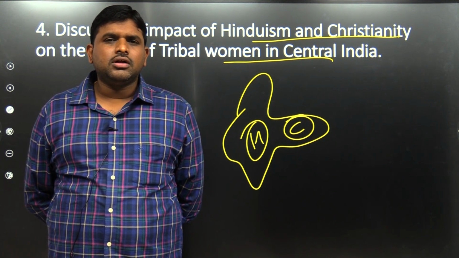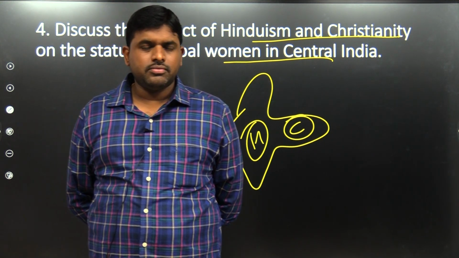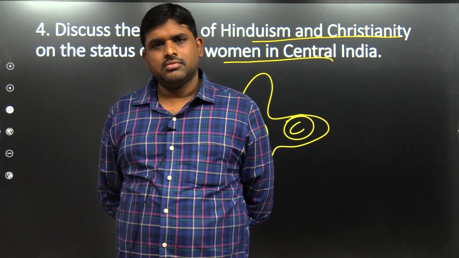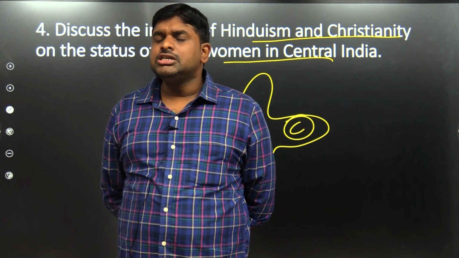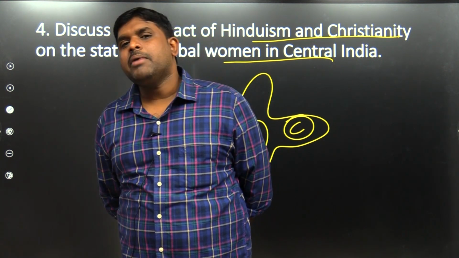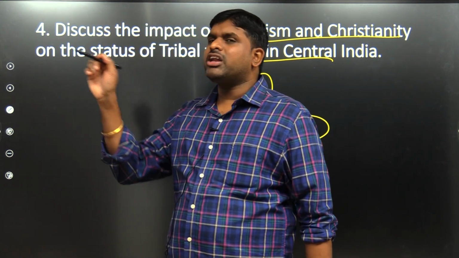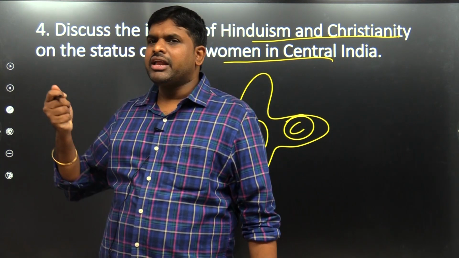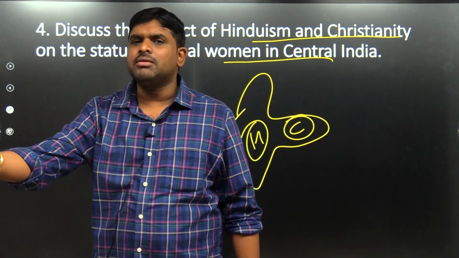They follow monogamy. The woman is free to choose her partner while marrying, while giving divorce and getting remarried. They follow serial monogamy. At one particular point of time, one husband will be there. If she likes, she marries. If she doesn't like, she will give divorce and remarry.